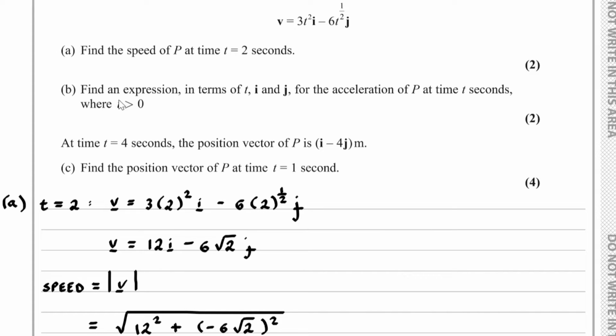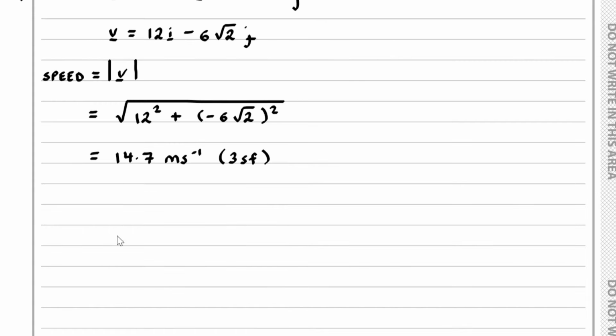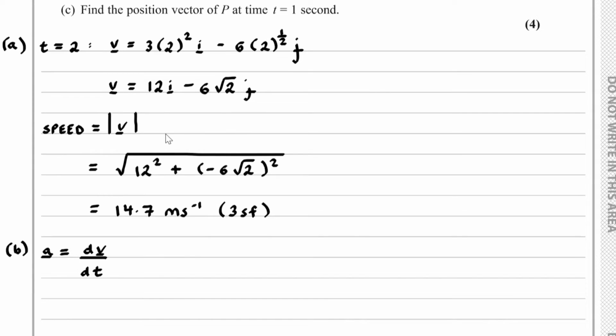For part B of the question, we have to find an expression in terms of t, i and j for the acceleration of P at time t seconds where t is greater than 0. We need to find the acceleration, and that's equal to the derivative of the velocity with respect to time.